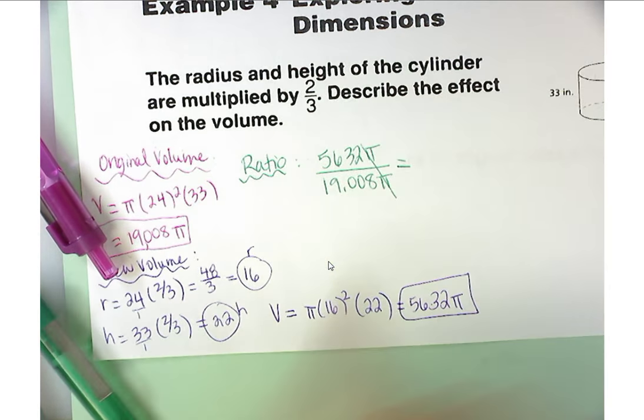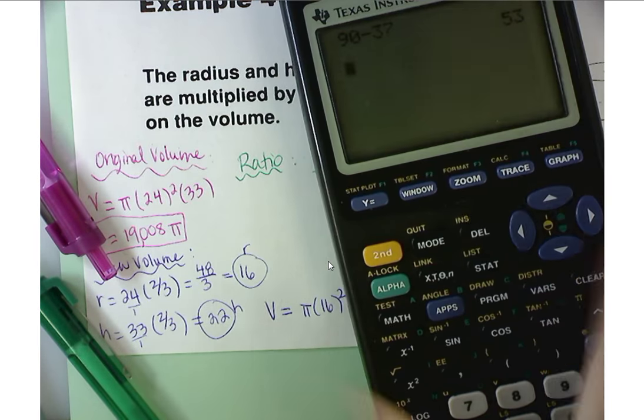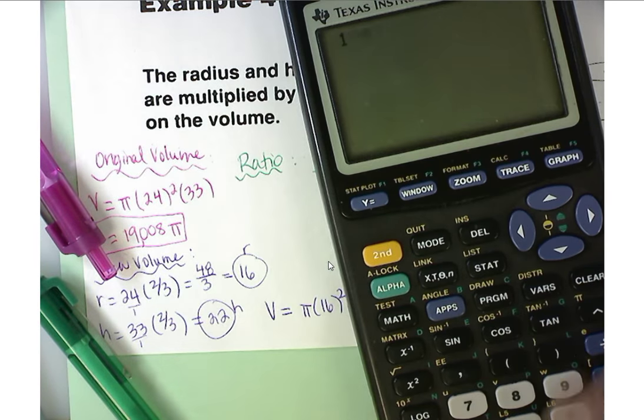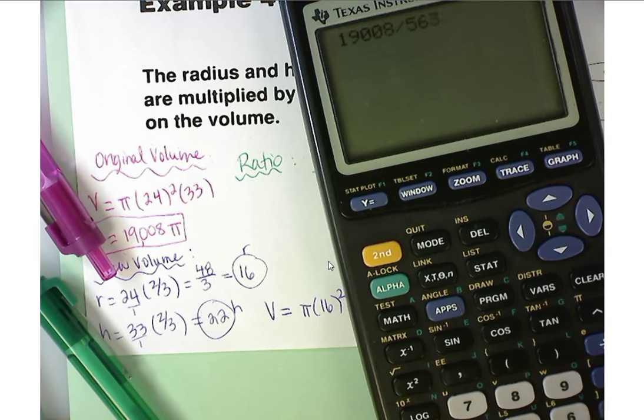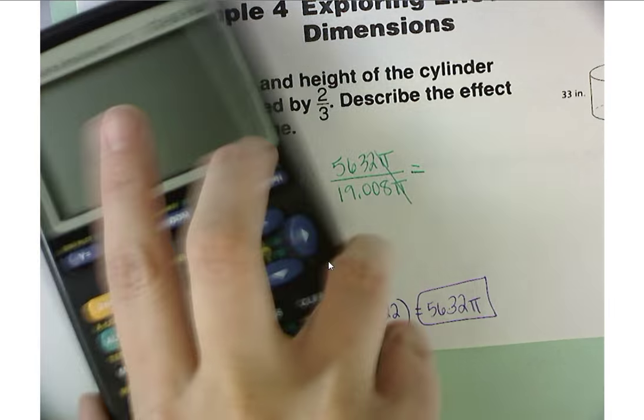When I'm reducing this, I would try first to see if 5,632 goes into that evenly. Does it go into it evenly? No. When you do 19,008 divided by 5,632, you don't get an even number. So the next thing I would do is divide by something that I know goes in there.